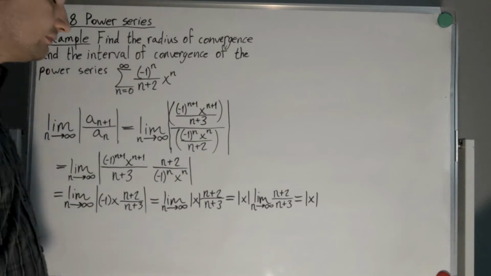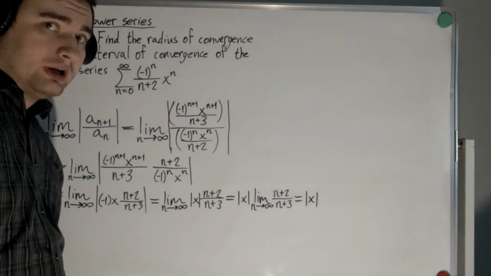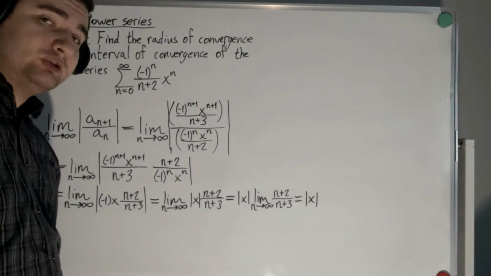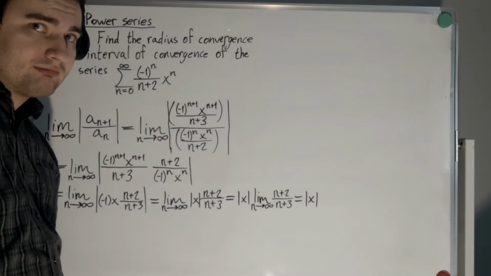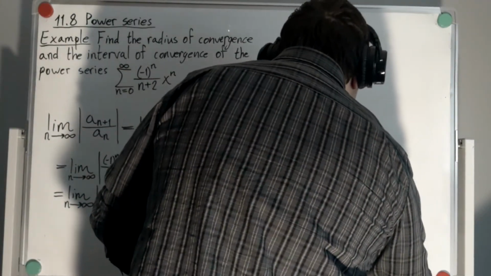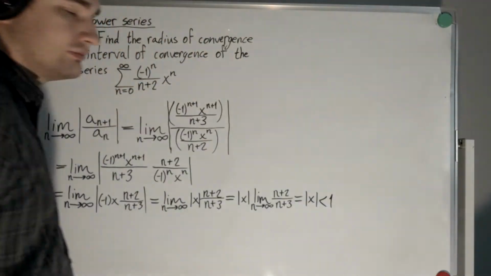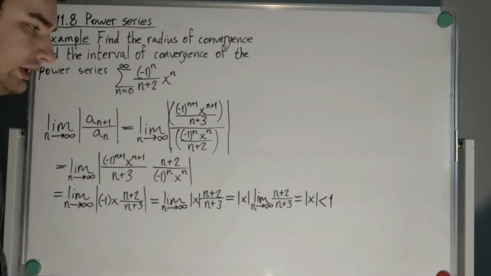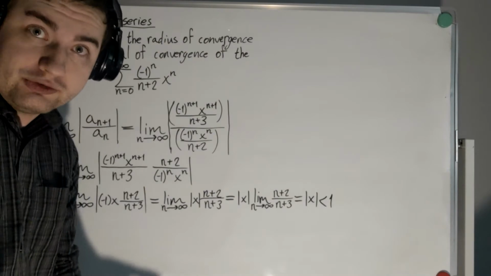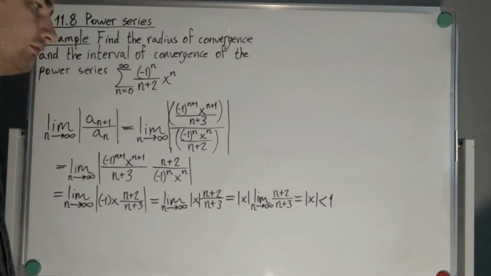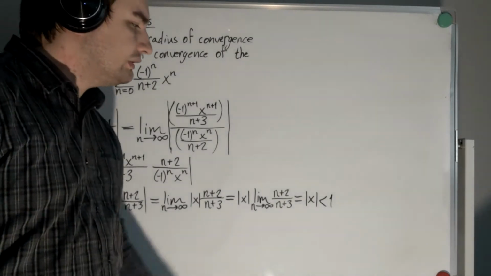The ratio test says we have absolute convergence as long as this is less than 1, so let's set this to be less than 1. At the same time, if this is greater than 1, then we have divergence. So what we get here is that the radius of convergence is 1.